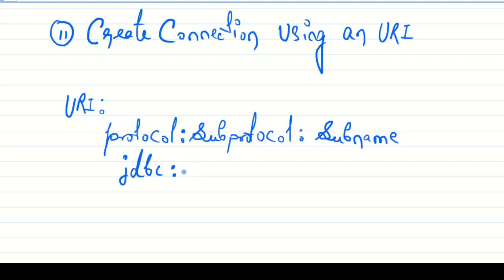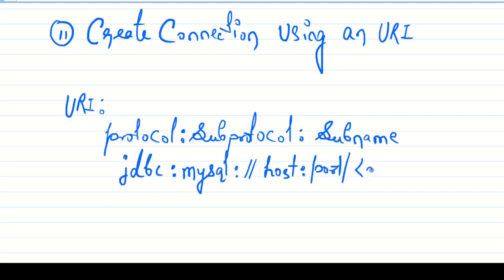In the MySQL case, they call it MySQL. And then this subname is dependent on the subprotocol. So each vendor will most likely have a different subname. In our case, we will use this kind of subname. So there will be one host, and there will be a port, and then we'll have a database name, right, DB.